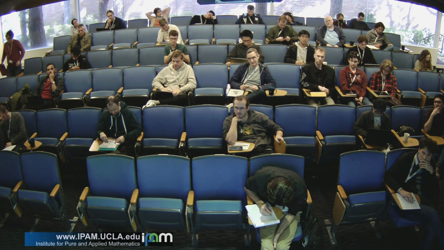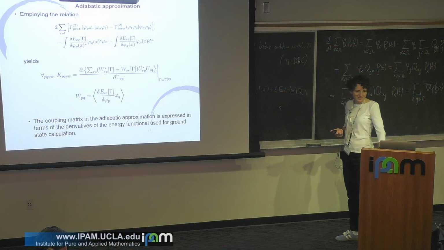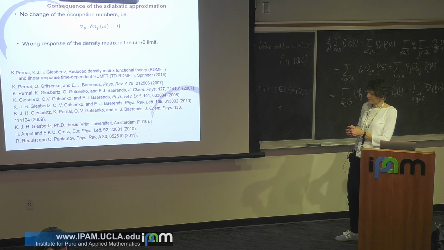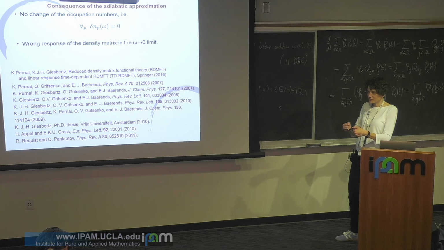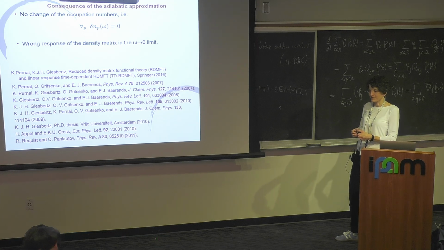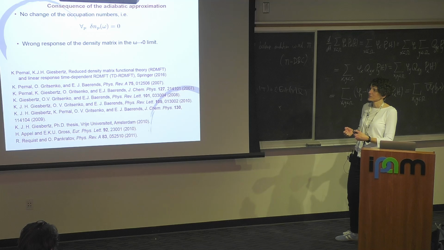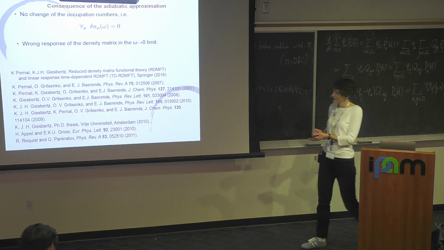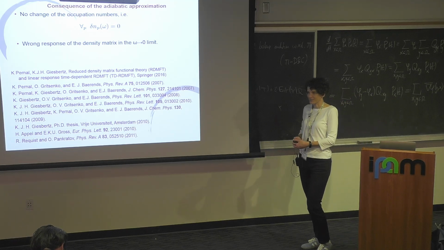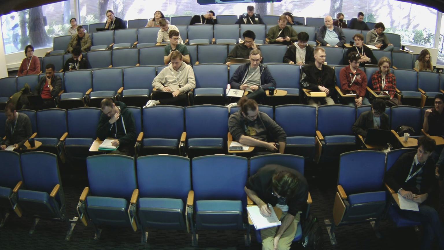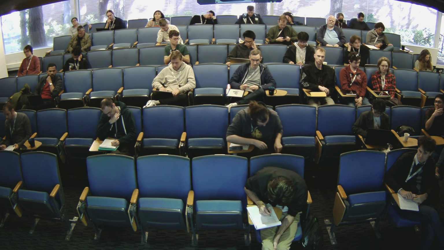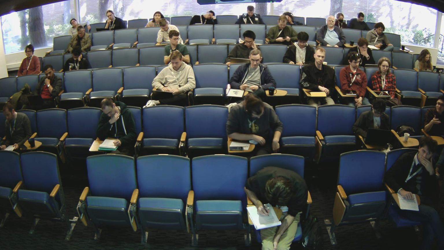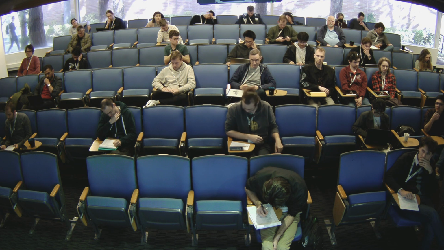Oh, okay, because in the first type of excitation, a change in the occupation numbers matters, the contribution from the diagonal part of the one-RDM to the linear response function. But isn't the lack of change in the occupation number, the fact that it's stationary, due to the adiabatic approximation, or not?